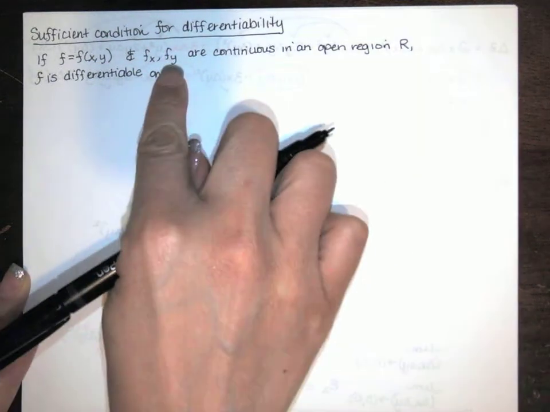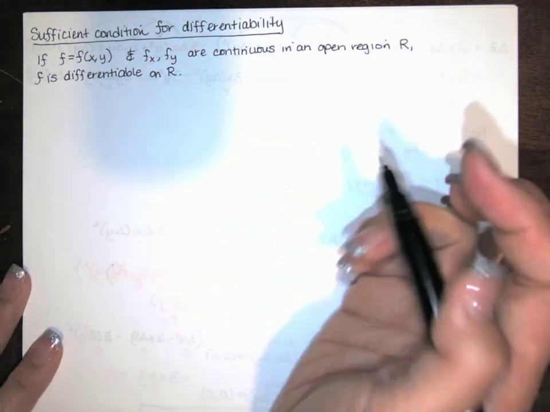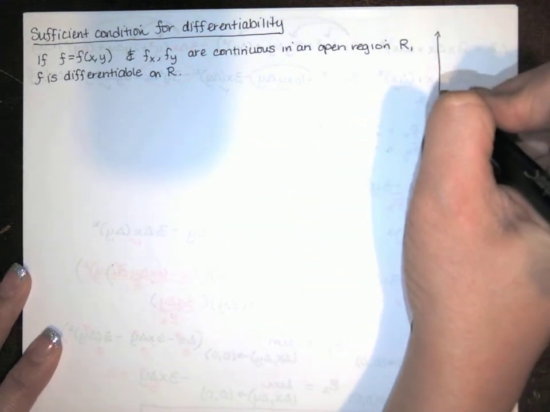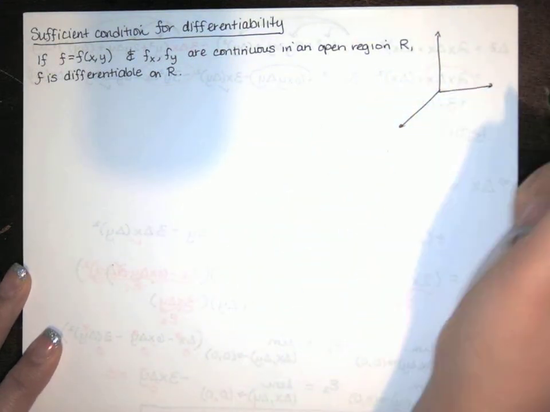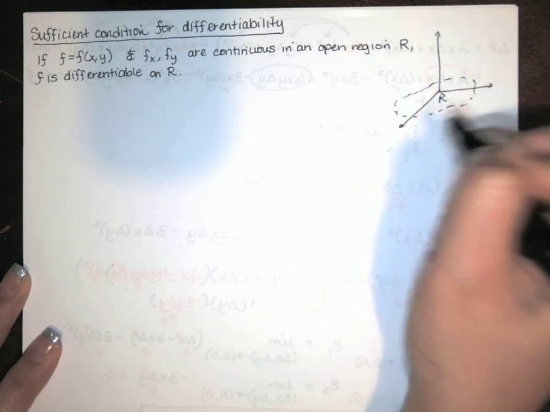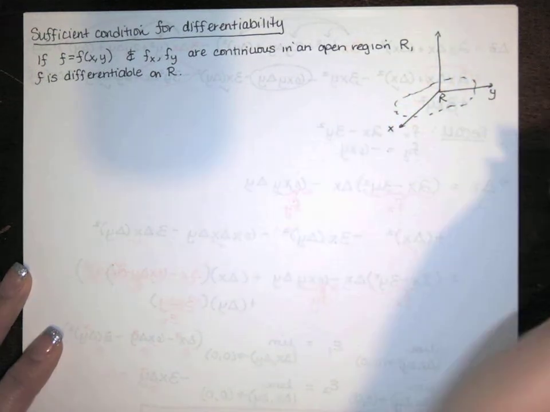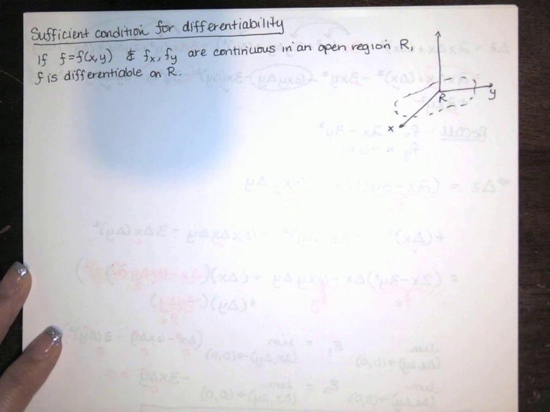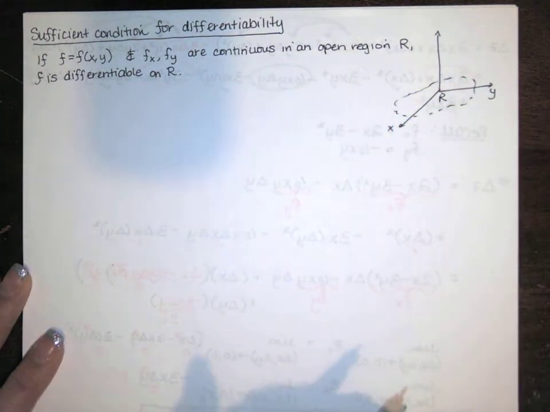All you have to do is take the two partials, if they exist and they're continuous, on an open region. That just means like some region not including the boundary. Okay, so that's R in the xy plane. If those partials are continuous on a region that looks like that, f is differentiable on that region.